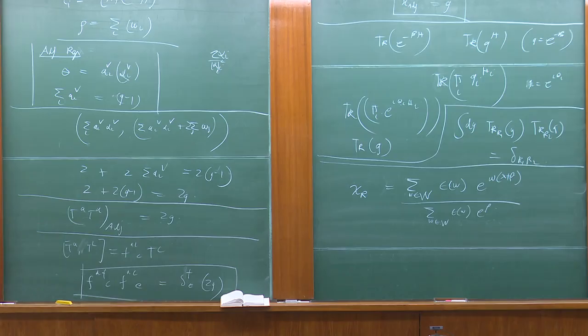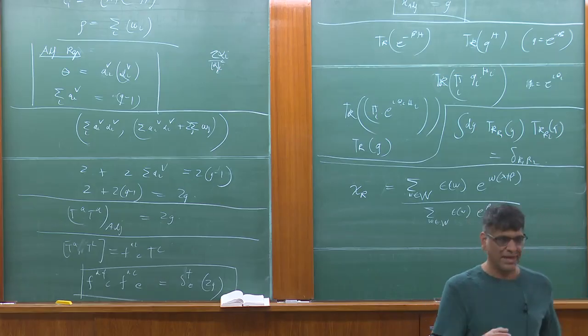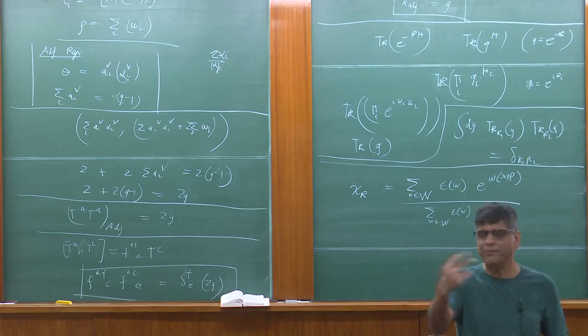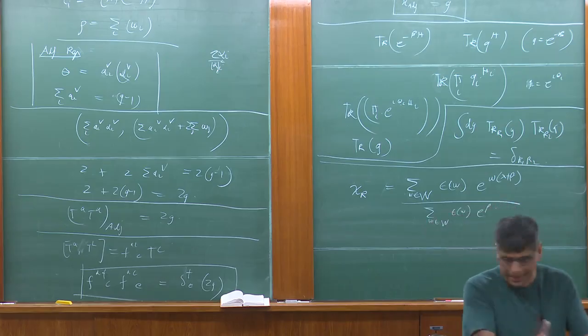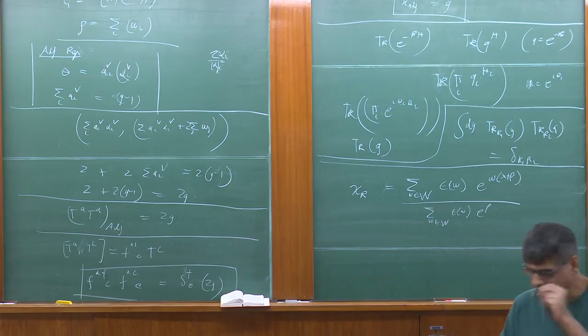And first, what is epsilon of w? You remember that every element in the Weyl group can be constructed out of products of reflections associated with simple roots. Fundamental reflections. So you act with the Weyl reflection associated with a simple root, maybe many times. And then with all the simple roots, you get all Weyl reflections.